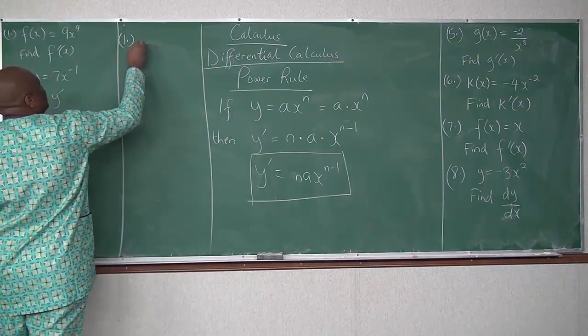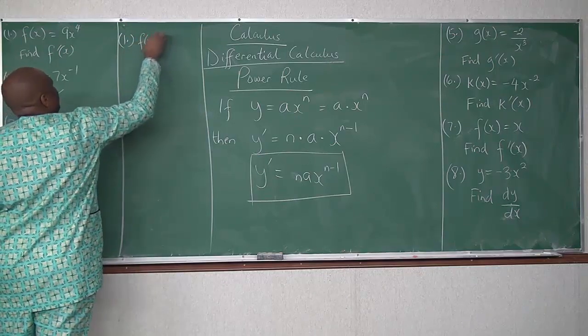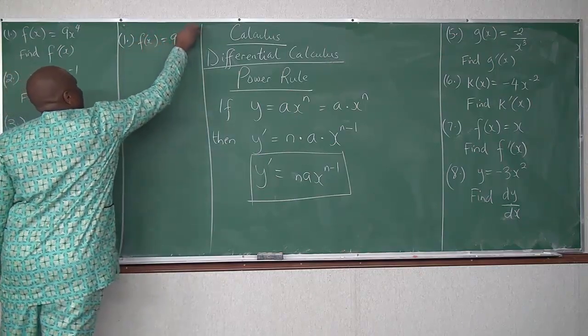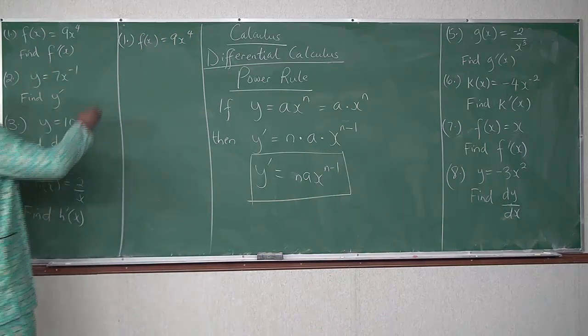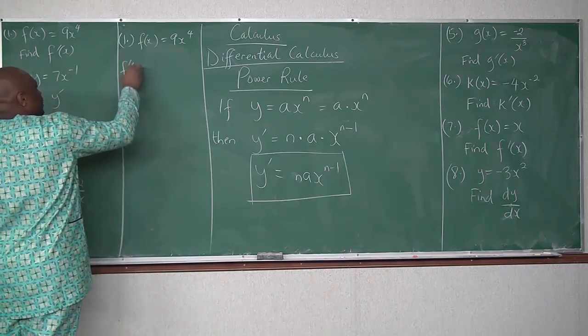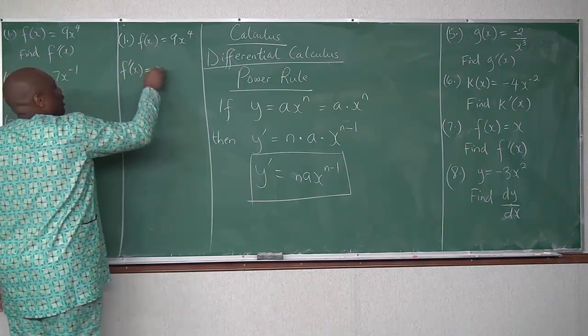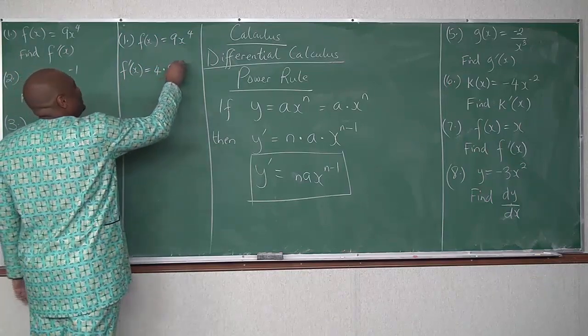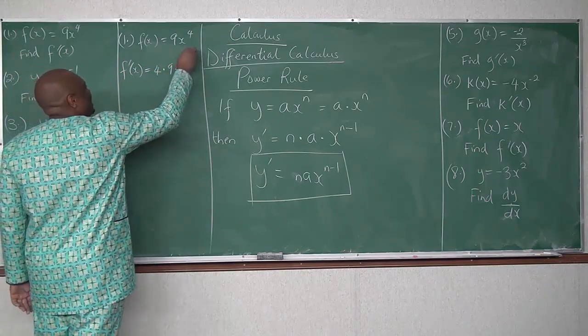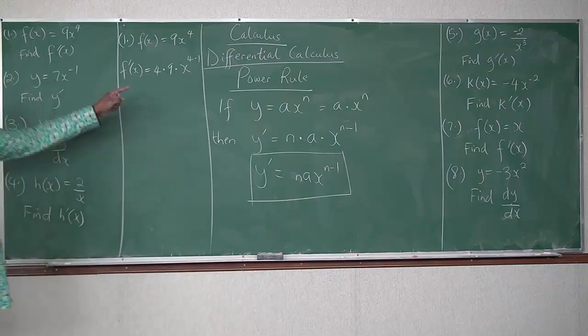f of x is equal to 9x exponent 4. See that? So find f prime of x. So f prime of x will be 4 times 9 times x exponent 4 minus 1.